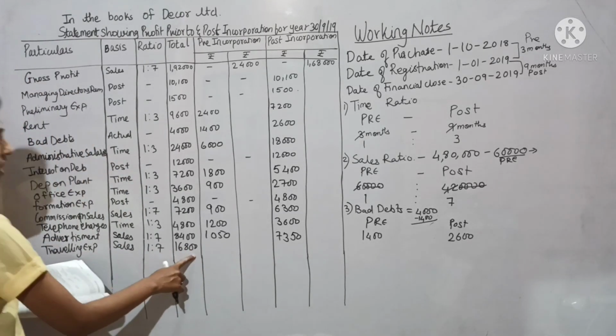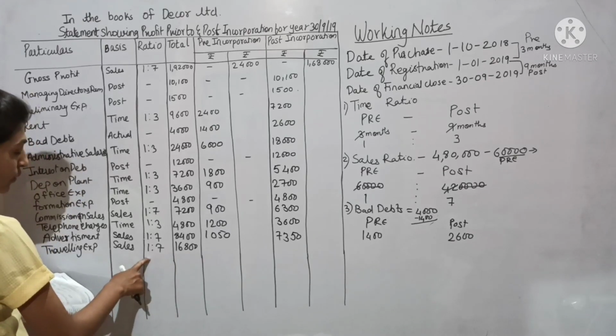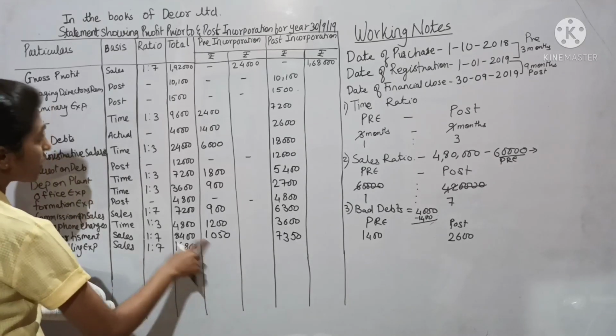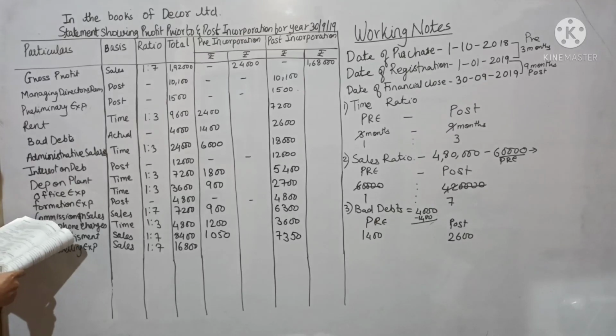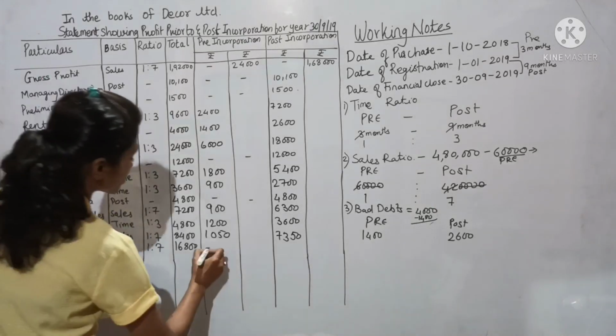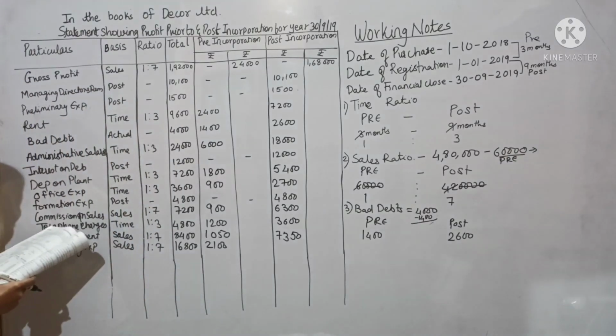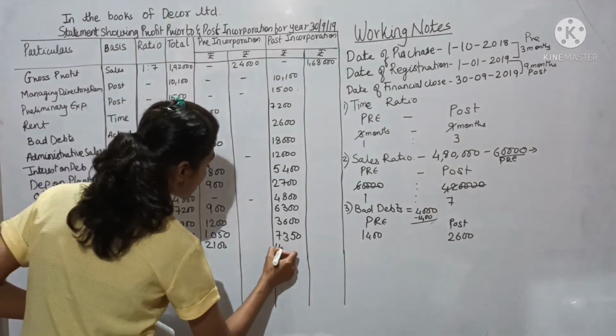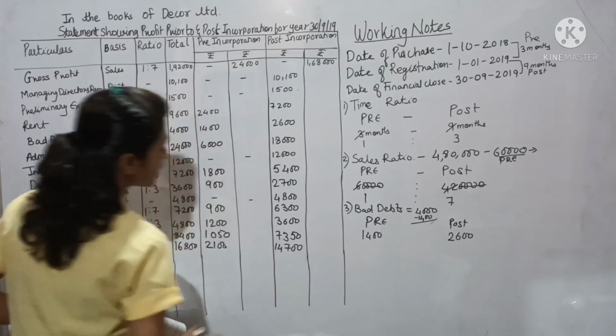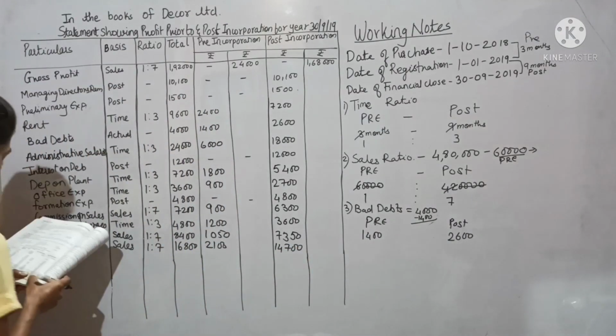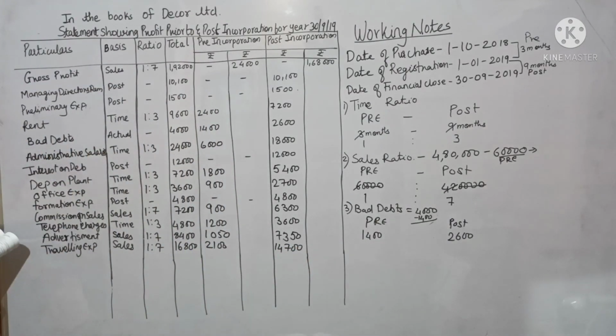So 16,800 multiplied by 1 divided by 8. Whatever amount you get you write in pre-incorporation. So 2,100 is of pre-incorporation and 14,700 is of post-incorporation.